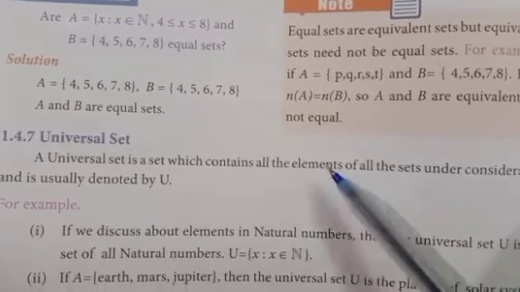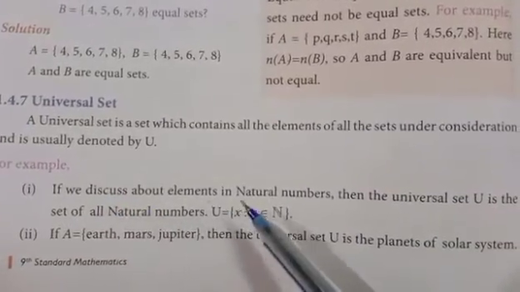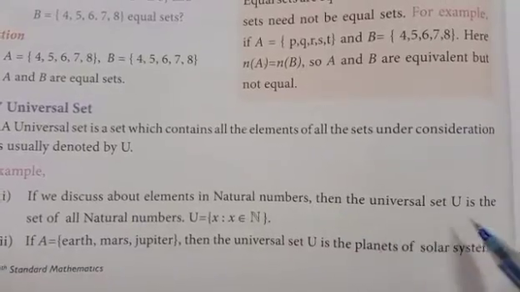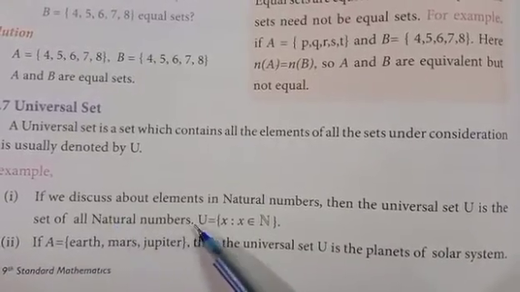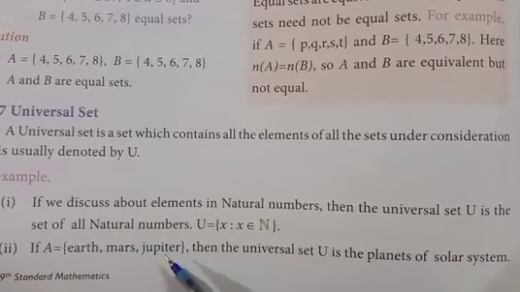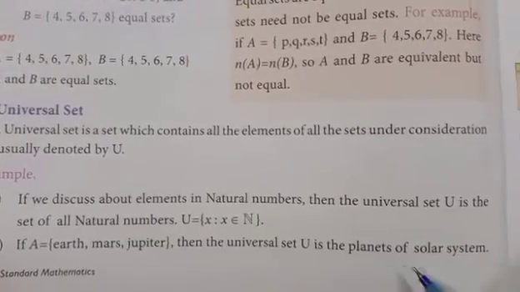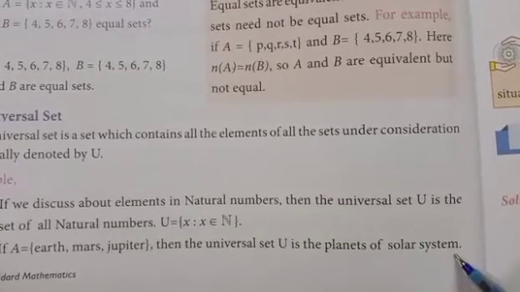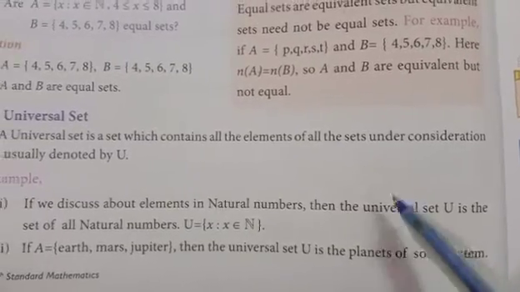For example, if we discuss elements in natural numbers, then the universal set U is the set of all natural numbers. Suppose A is equal to {Earth, Mars, Jupiter}, then the universal set U is planets of the solar system. Have you understood?